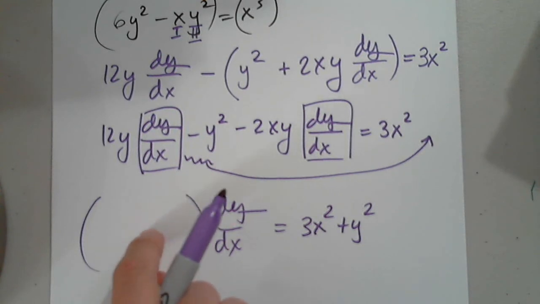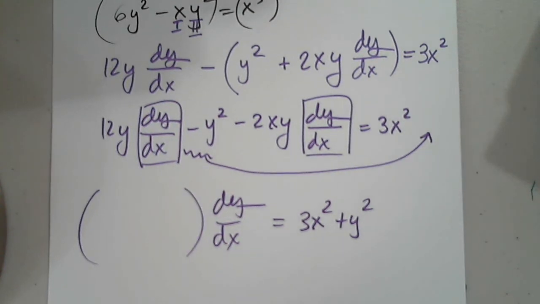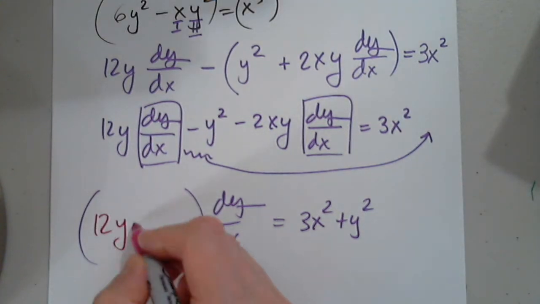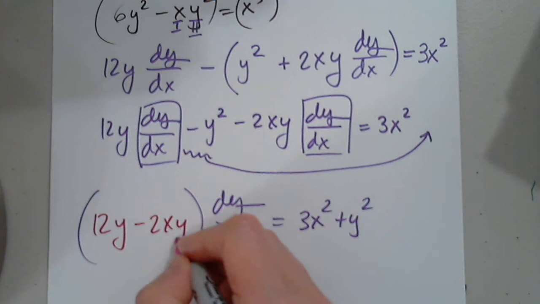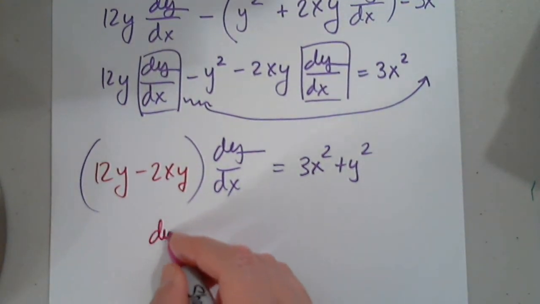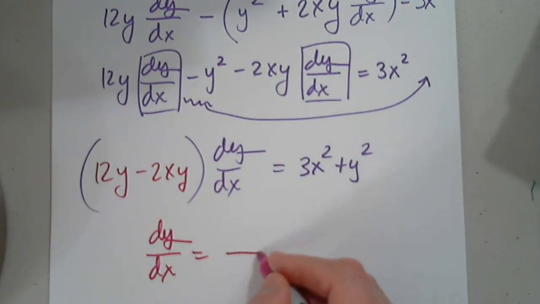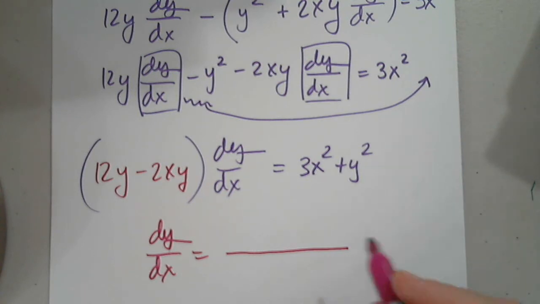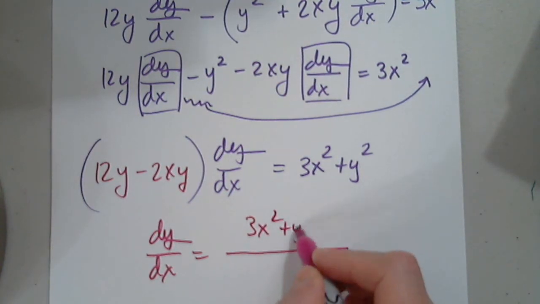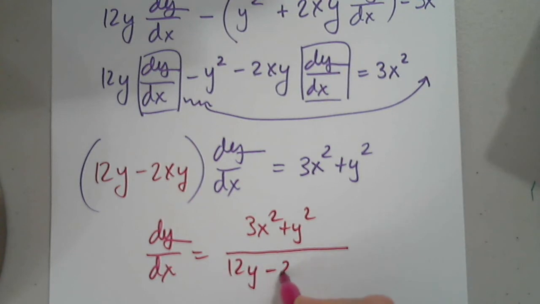Can anyone give us the quantity in parentheses? 12y minus 2xy. Very good. And finally, we have dy/dx equals 3x squared plus y squared in the numerator, and 12y minus 2xy in the denominator.